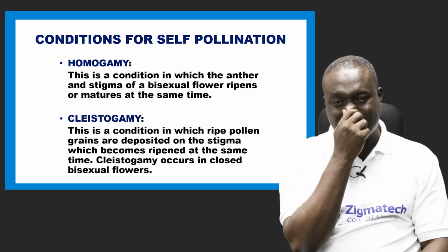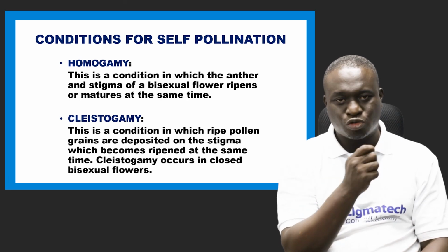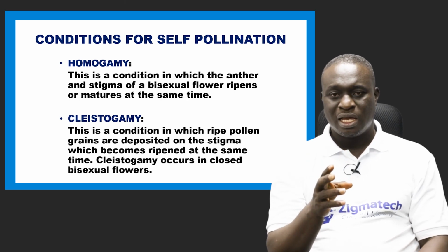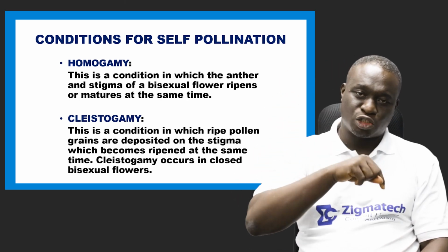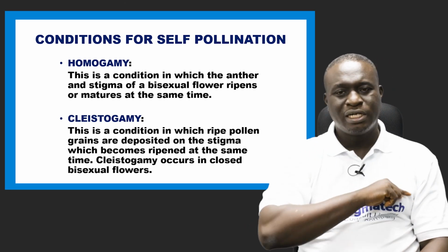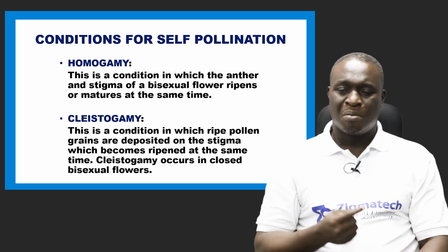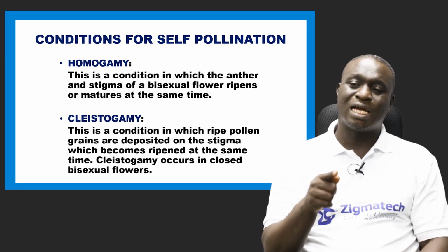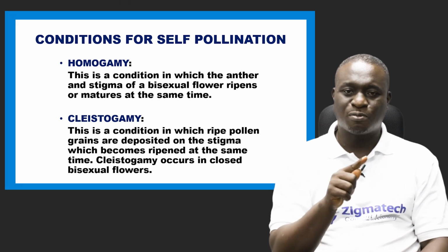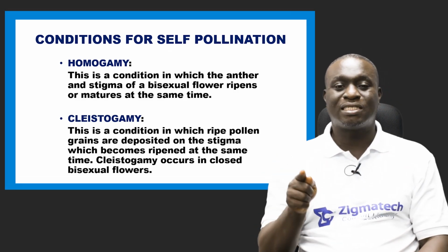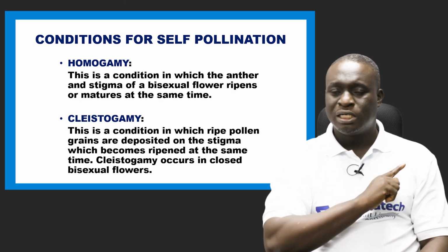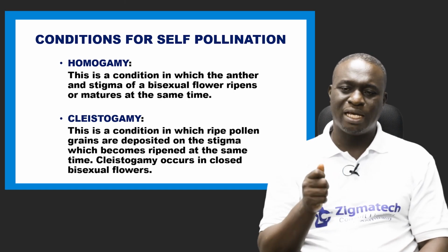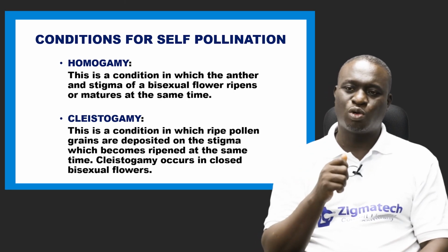Because if the anther doesn't ripen to rupture and release the pollen grains, even if the stigma is mature, there will be no self-pollination. And the other way around, if the anther is mature and releases mature pollen grains, but the stigma is not ripened, no self-pollination will occur. So homogamy must be in place for self-pollination to occur.